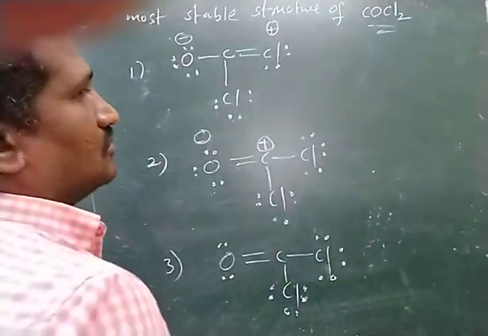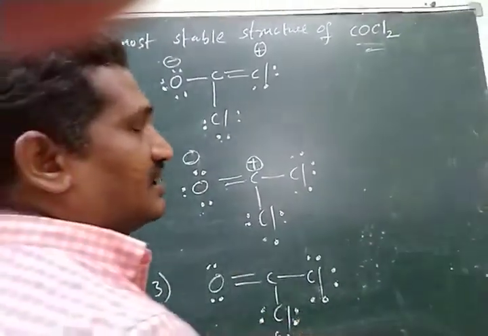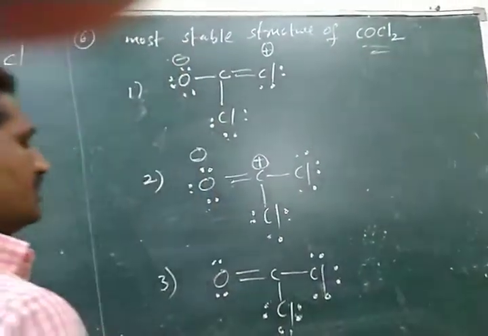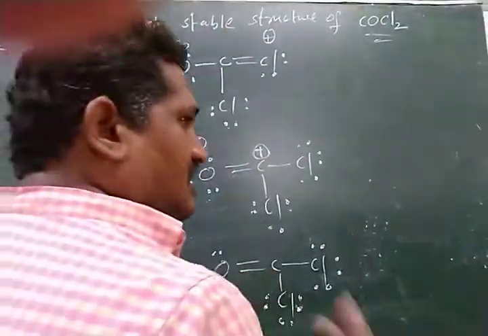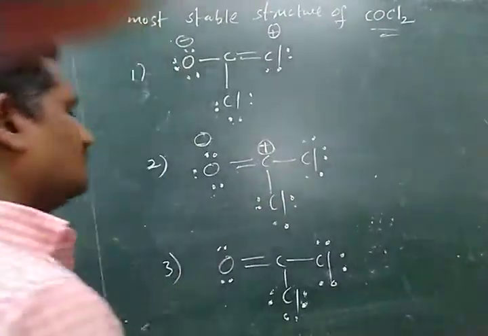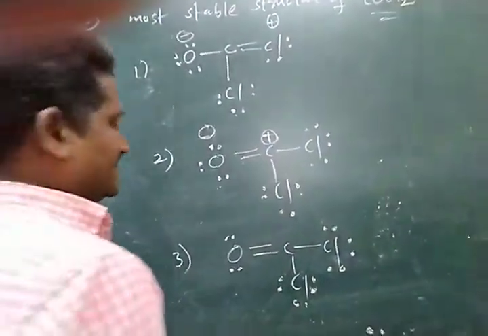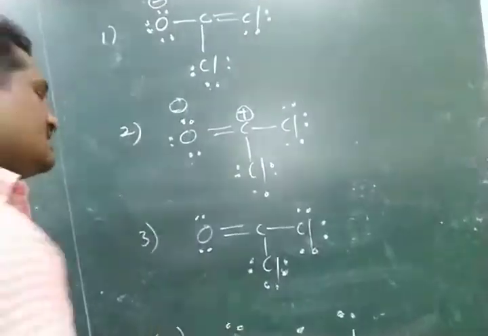And number 2, neutral species are more stable than charged species. And the second one is following the octet rule and also following the valencies of each atom.